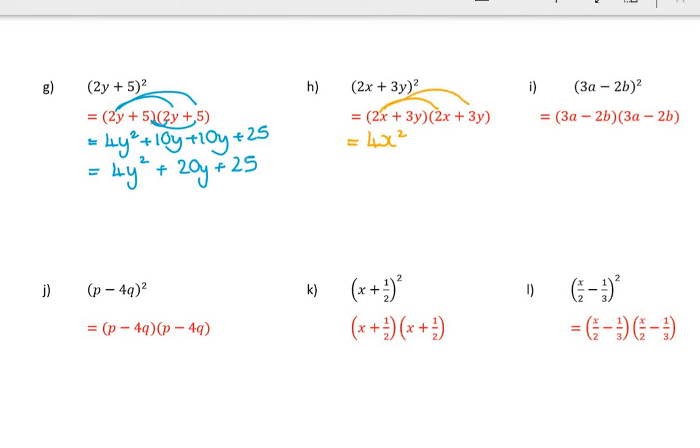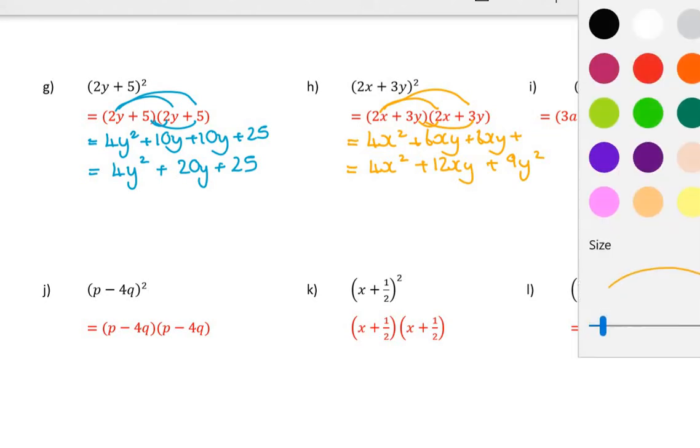4x squared plus 6xy, now this is an xy term, plus another 6xy plus 9y squared. So if I add my like terms, I get 4x squared plus 12xy plus 9y squared. Now I'm just going to erase that so I have more space.